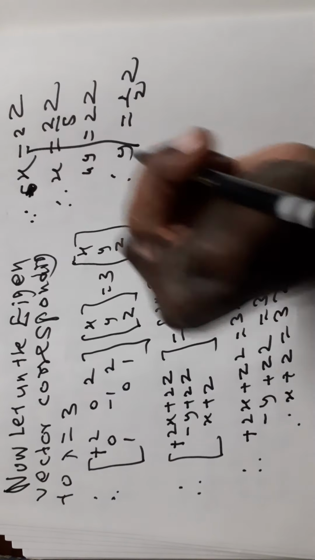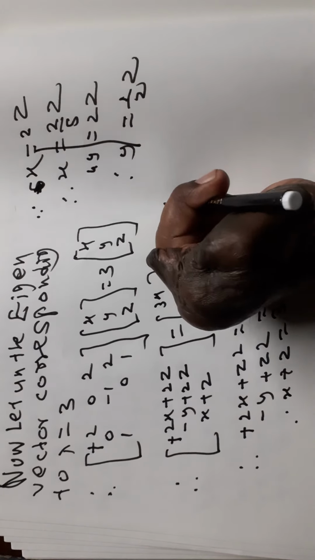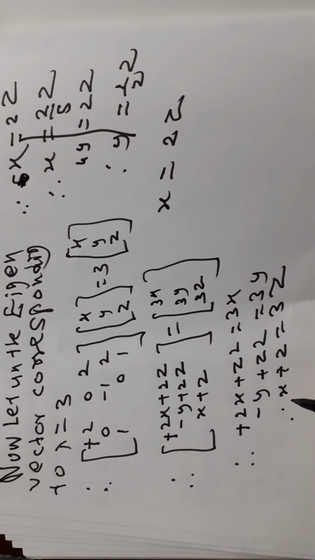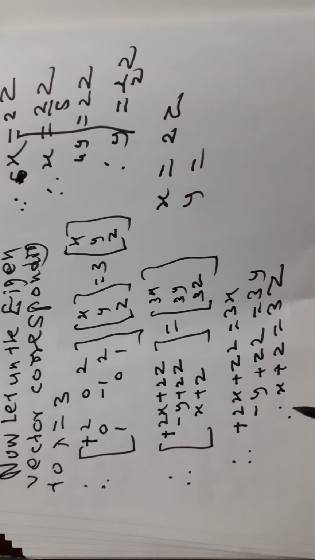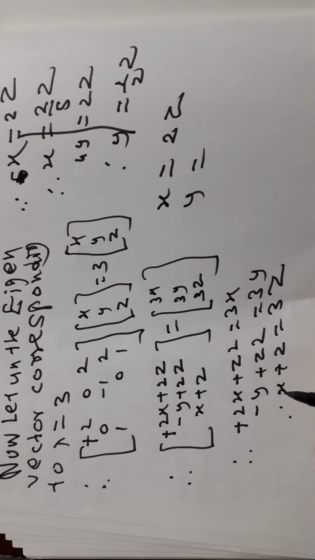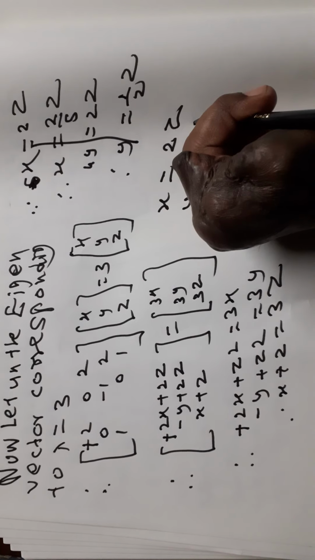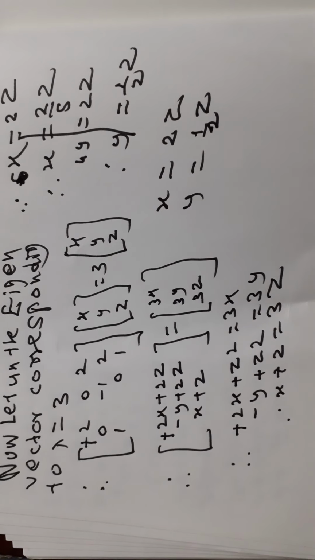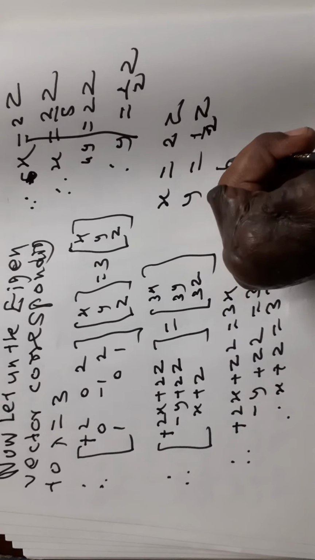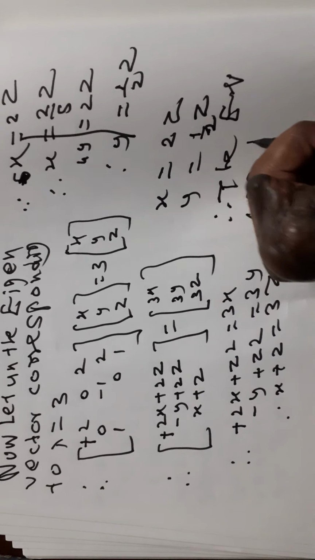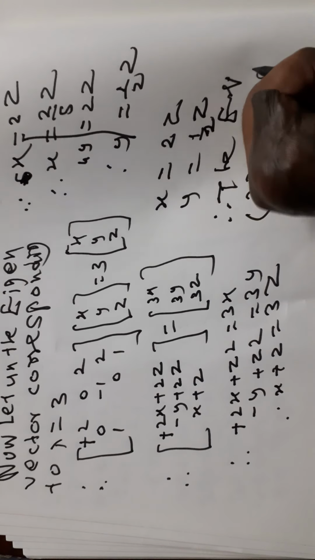Therefore we have x is equal to z, y is equal to half z.